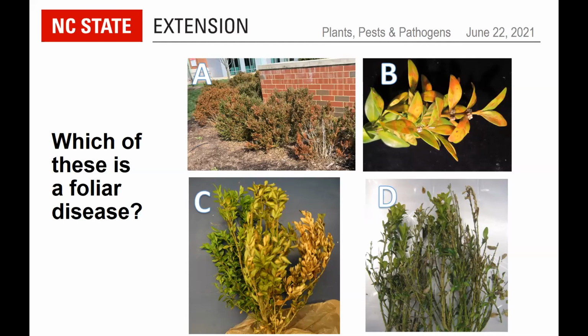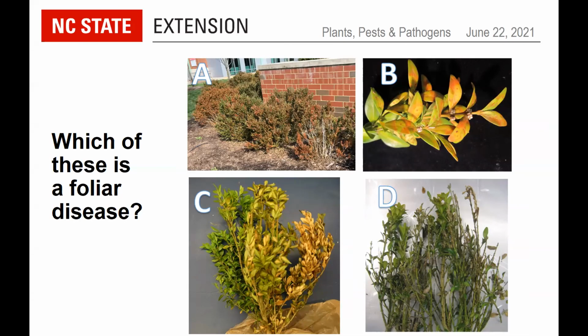We'll talk about nematodes as one of the problems that we do see on boxwood quite often. B, even though it was the most popular answer, is not a disease. This is an example of damage caused by an insect, boxwood leafminer. So we'll have to wait for Matt for more about that.